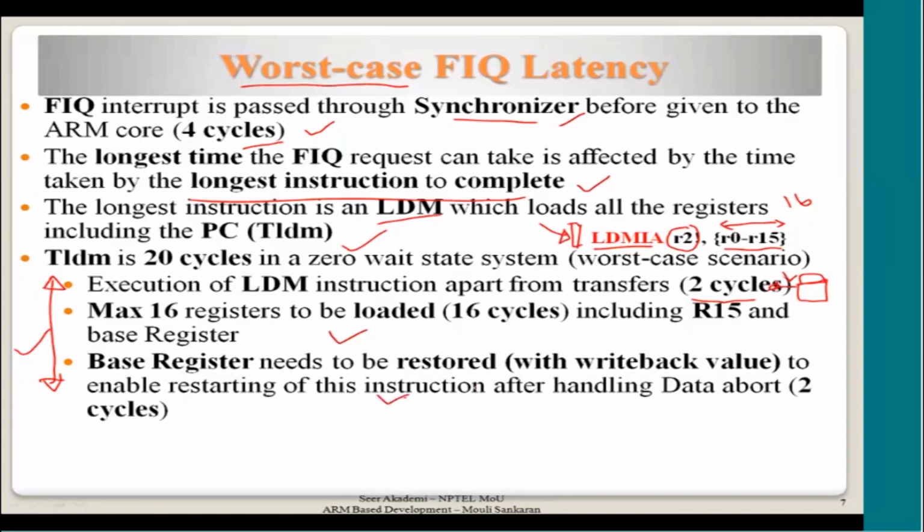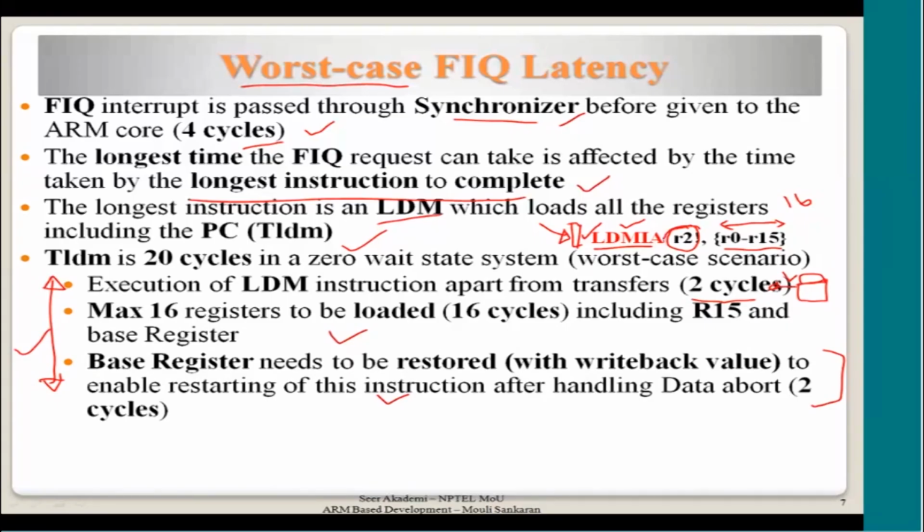So if that happens, then you remember I was explaining that if on data abort this instruction has to be executed after the data abort fix is done, the handler is executed, it will come back and execute the same instruction, right? So to do that, the base register should be restored, because now I am telling you R0 to R15 means R2 is certainly overwritten here, right?